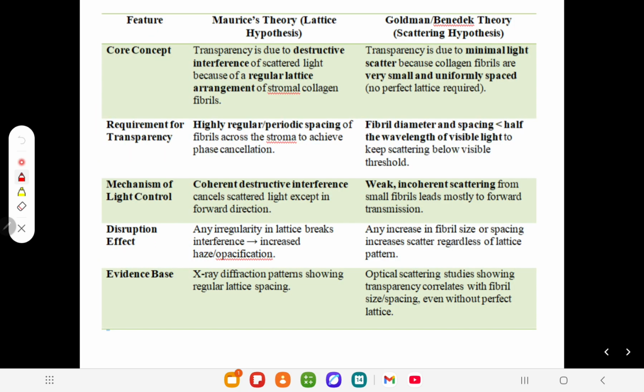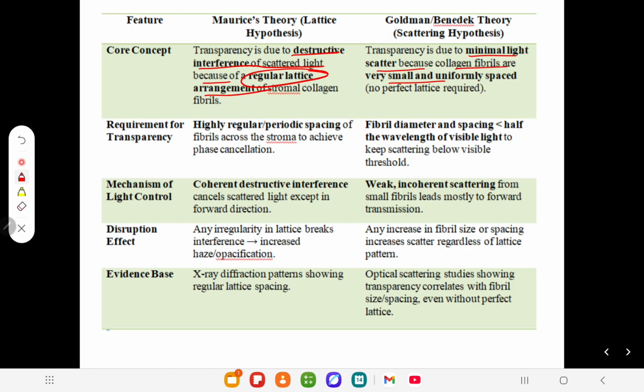Another difference is a rough discussion of Maurice theory and Goldman theory. The core concept in Maurice theory is the destructive interference of scattered light because of a regular lattice arrangement. That's very important. Regular lattice. Whereas in Goldman theory, Goldman-Benedek theory, minimum light is scattered because the collagen fibers are very small.